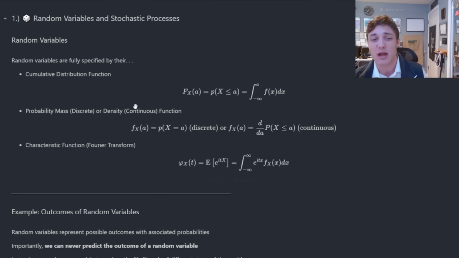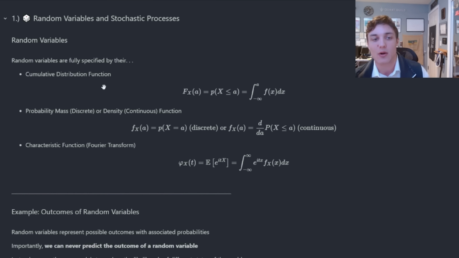The reason why all of these are equivalent is because we're applying simple operations to go back and forth between all of these different objects. If I have a probability density function and I integrate, I get the distribution function. If I take the derivative, I get back the density function. Those are unique operations. Moreover, if I take the Fourier transform of the density function, I get the characteristic function.